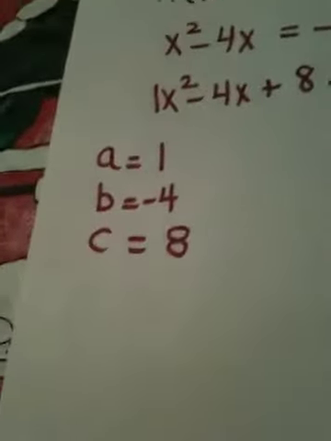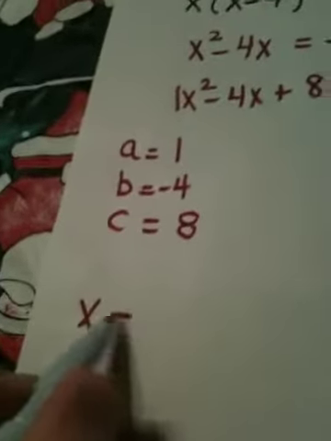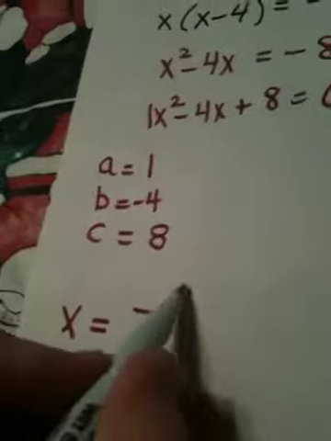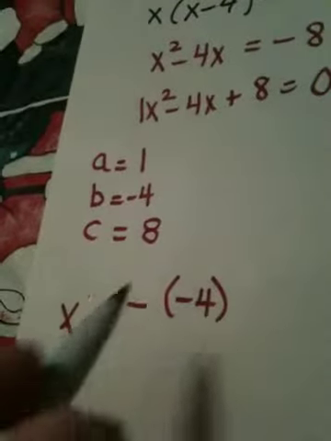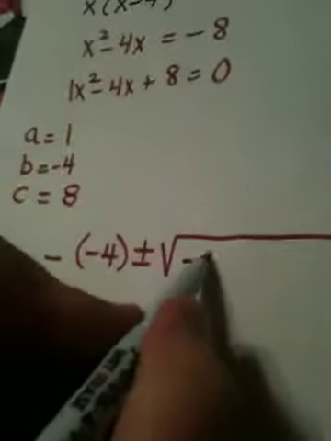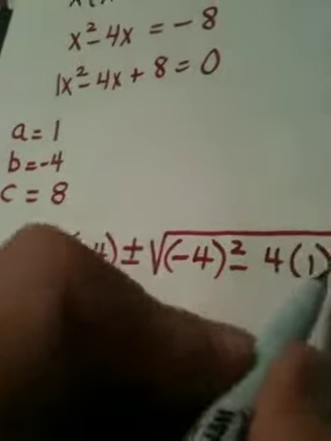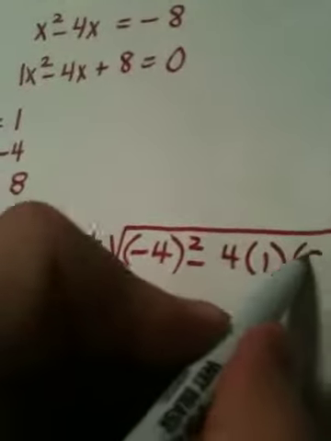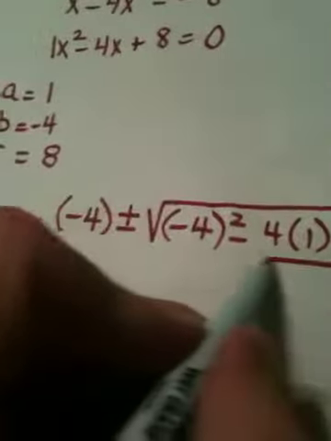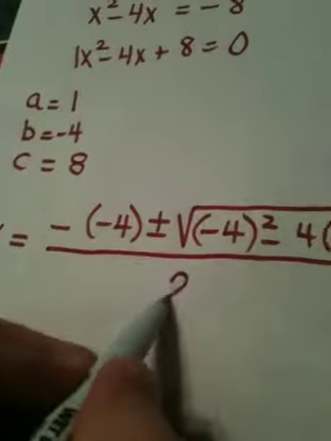So, x is equal to the opposite of B plus or minus the square root of B squared minus 4AC all over 2a.